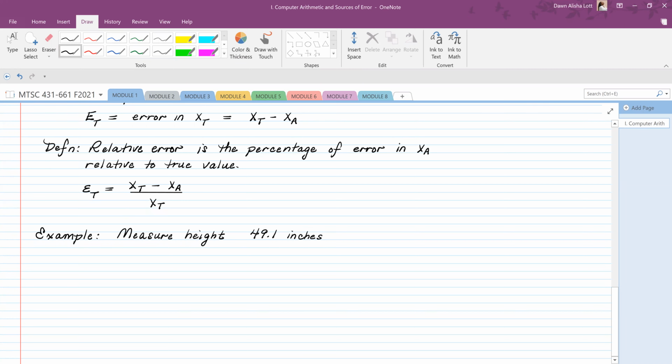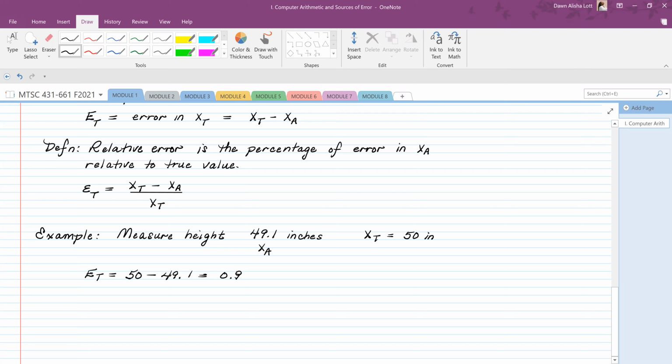Okay, and the actual value, so that's the approximate. The true value is 50 inches. So therefore, the error is to take 50 minus 49.1, and I get 0.9. Okay.